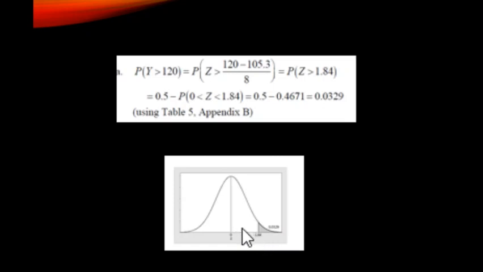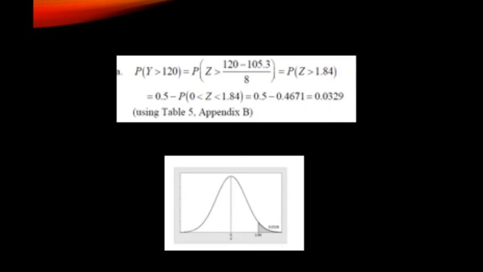So whatever we get from the table, if you subtract that from 0.5, we get the area to the right of 1.84. That's the technique we will use. From the table, the probability of Z between 0 and 1.84 is 0.4671. 0.5 minus 0.4671 is 0.0329.